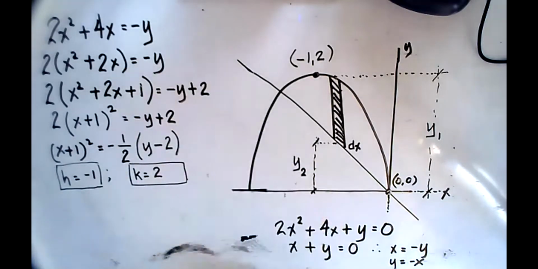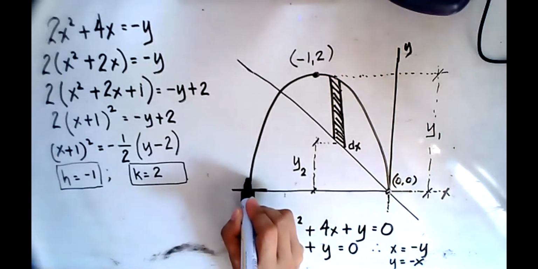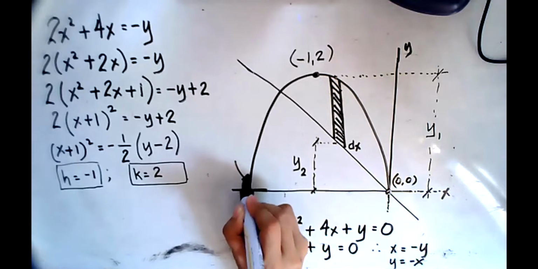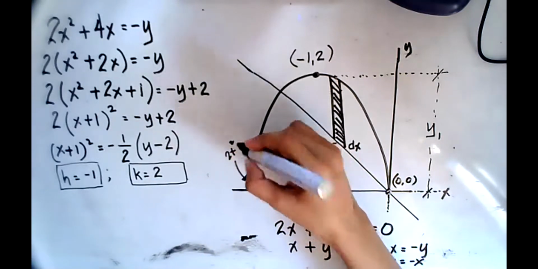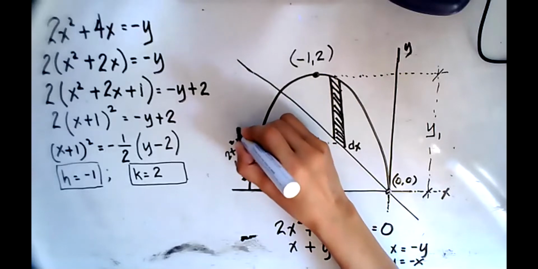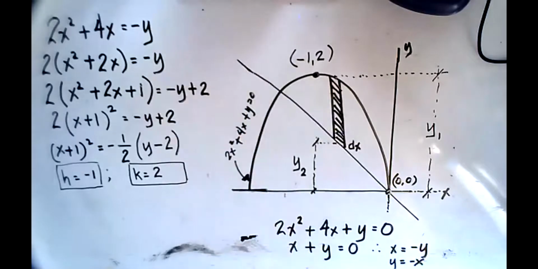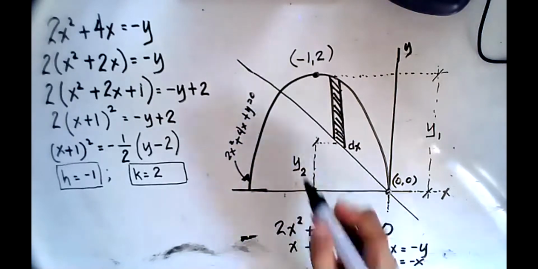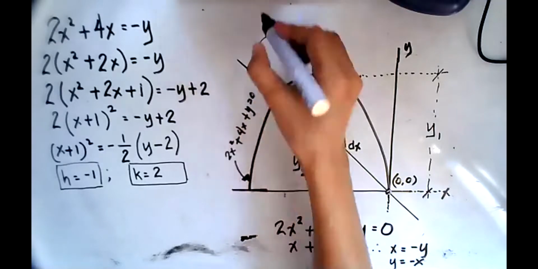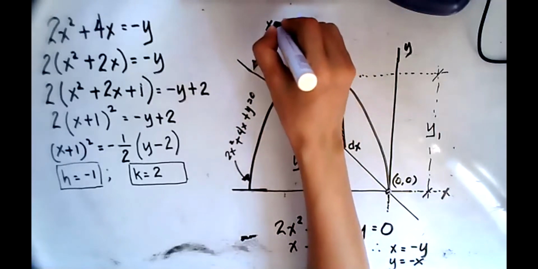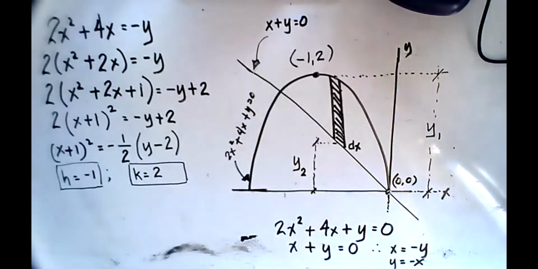So that means that is the line. If this is the curve that we have, 2x squared plus 4x plus y is equals to 0. This one is the line, and then we have here x plus y is equals to 0.